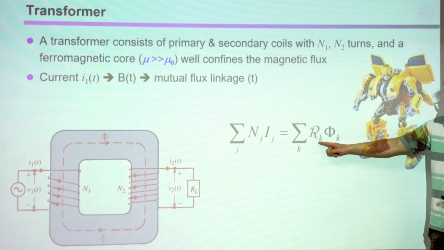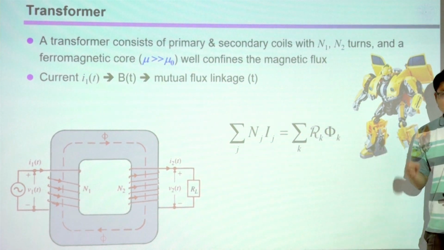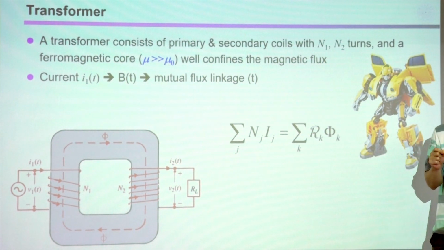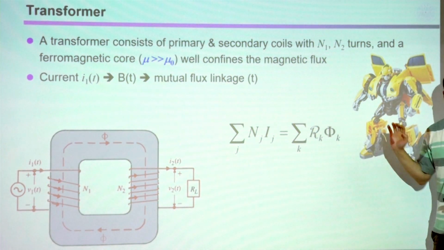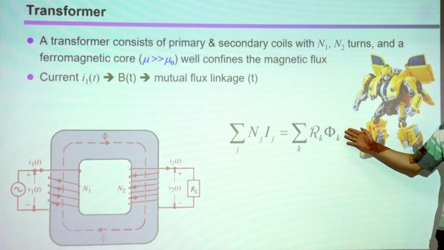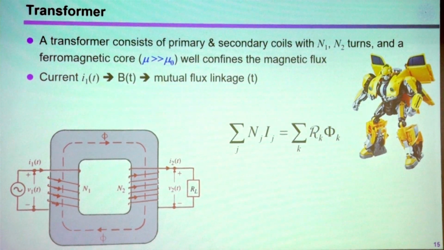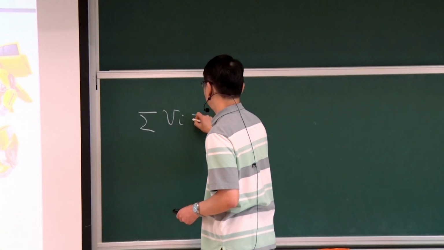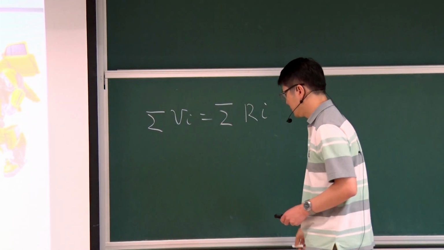Do you still remember what this is? It's called the reluctance, okay? 磁阻 reluctance, and this is phi, the magnetic flux. Together, this equation is almost like saying the sum of V equals sigma R times I. Right?